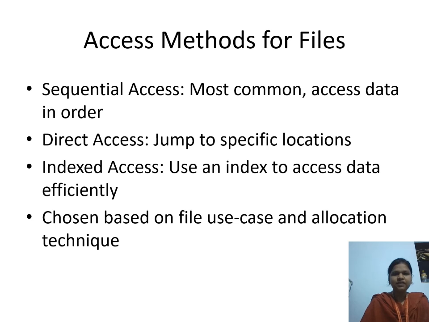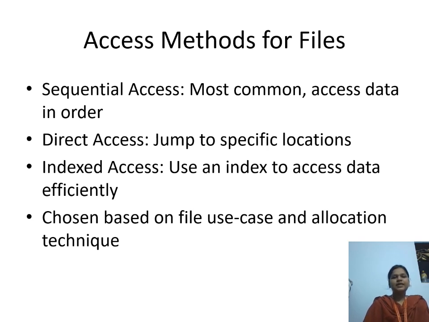Access methods for files: sequential access, direct access, and indexed access. Let us discuss sequential access. This is the most common, like file 1, file 2, and so on up to file n. It is a simple, linear access of the files, accessing data in order.